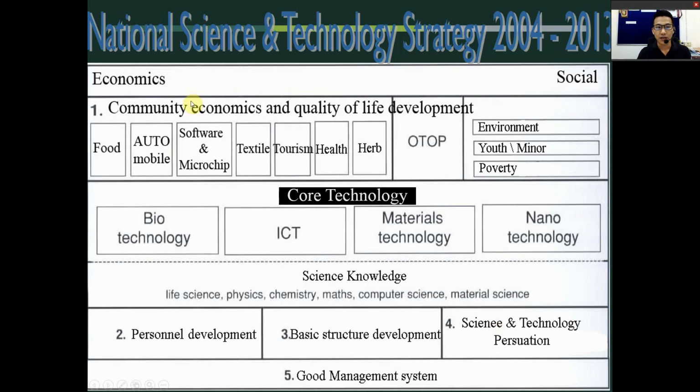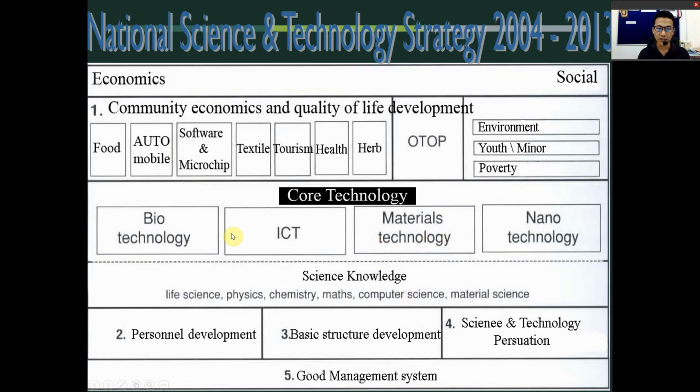This is the National Science and Technology strategy from 2004 to 2013, which is way back in the past. I have the new one, but I'd like you guys to focus on the core technologies that we had in the past, and this is still in the game. But the whole frame will be completely different, and I will have materials that differ from this one.